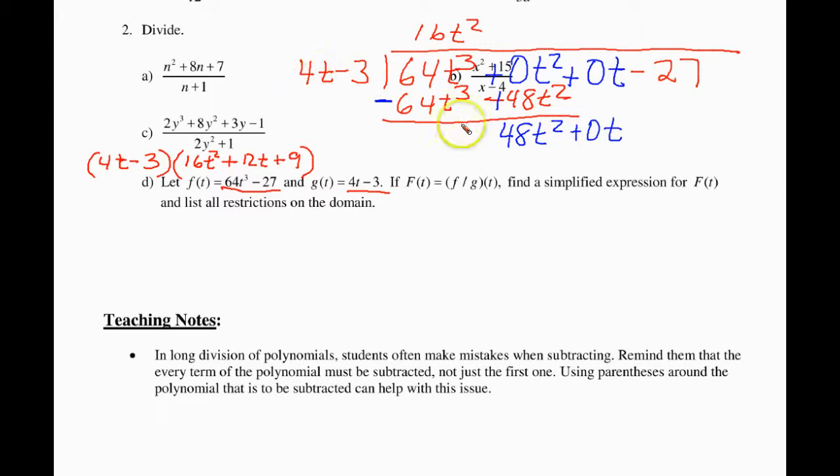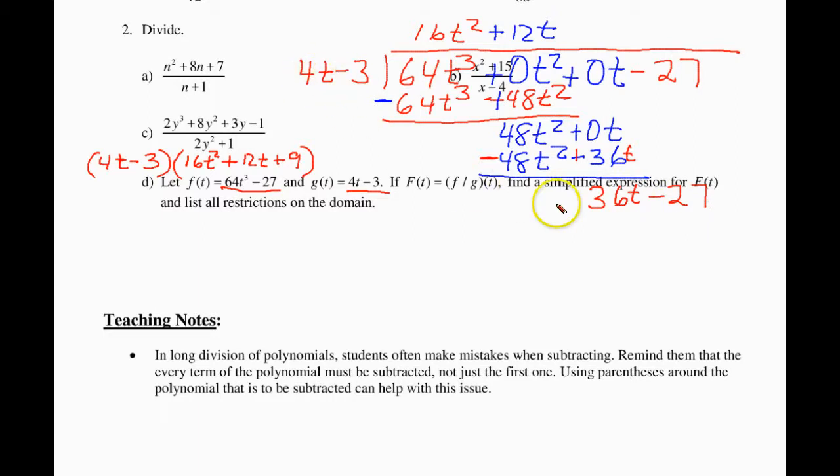Now 4t goes into there 12 times. 4t times 12t is 48t squared, and 3 times this now is a negative 36. Put our line, change signs. This becomes a negative, this becomes a positive, and we get 36t. There was a t there. Bring down our 27.